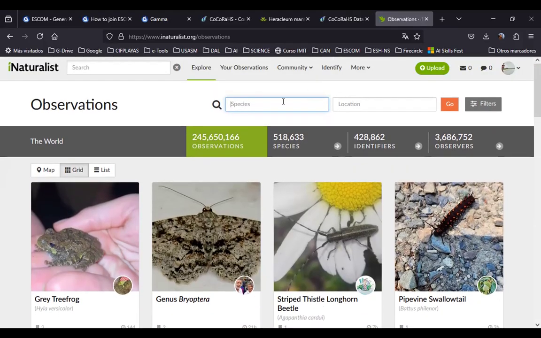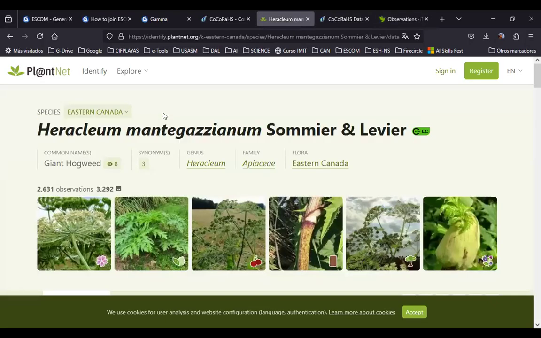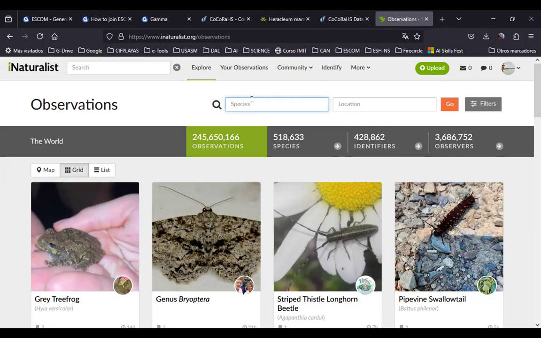But Patricia, could you help me identify here in iNaturalist the species that we are interested in? I want to check this plant from PlantNet. I would like to identify the same species here in iNaturalist.